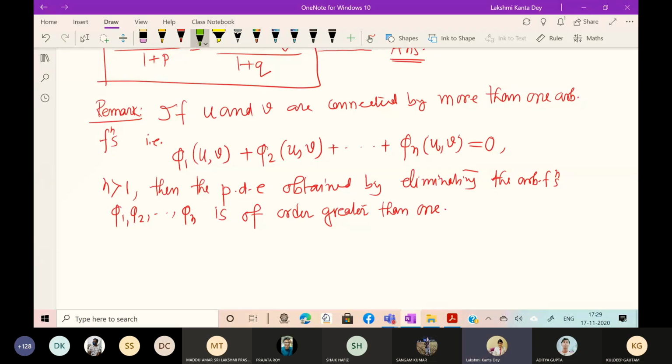Okay, so this is important, greater than 1, and this is also important. Clear?